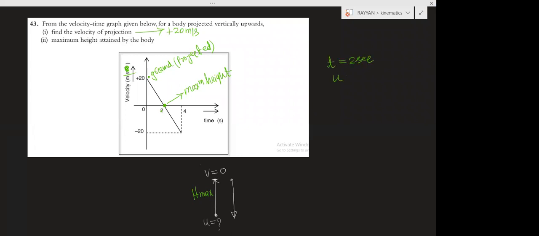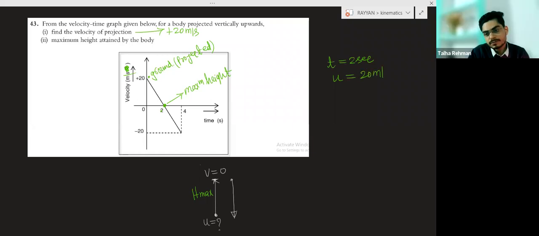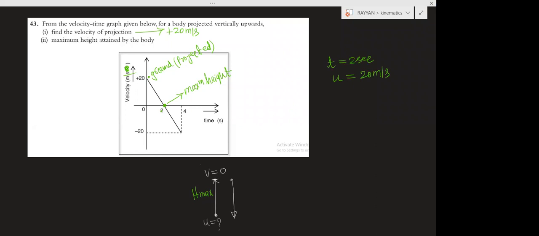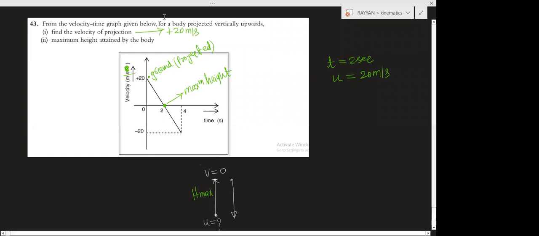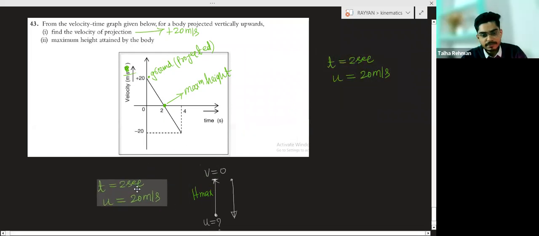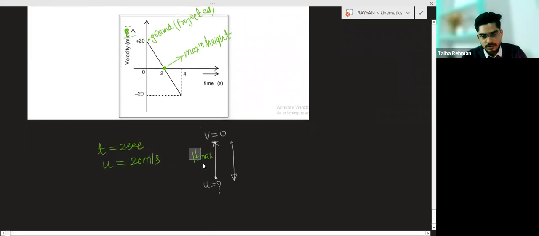And what is the initial velocity of the body? 20 meter per second. So we can find the maximum height with the given data. Suppose h is the maximum height, and the final velocity of the body will become 0.